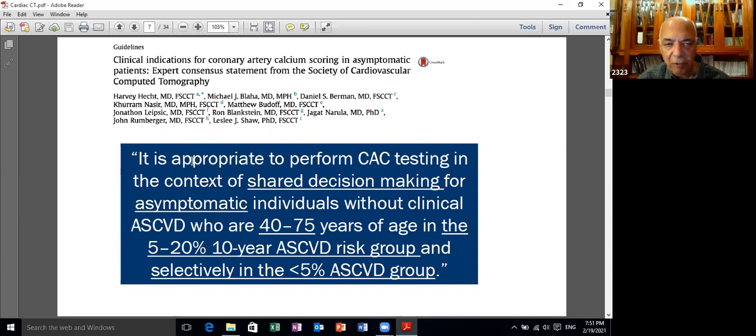It's appropriate to perform calcium scoring testing in the context of shared decision-making for asymptomatic individuals without clinical atherosclerotic cardiovascular disease who are between the age of 40 and 75 years in the 5 to 20% 10-year risk group, and selectively in patients less than 5%. And these are the patients who are having a premature onset of atherosclerotic cardiovascular disease or a strong family history.